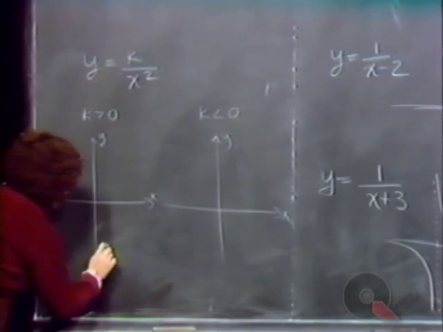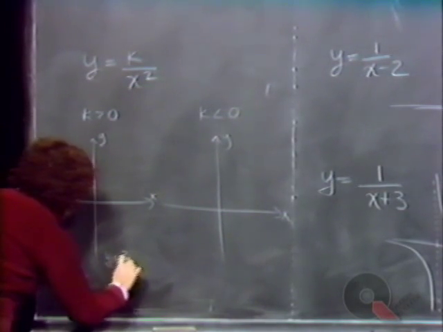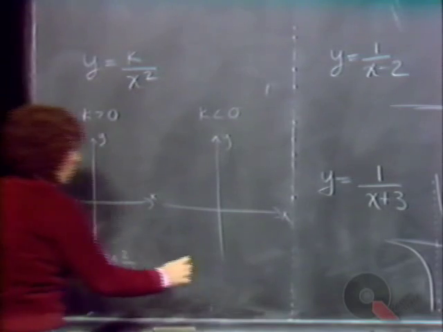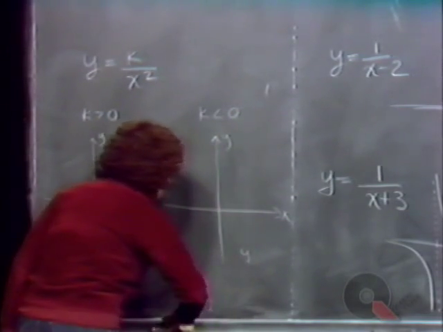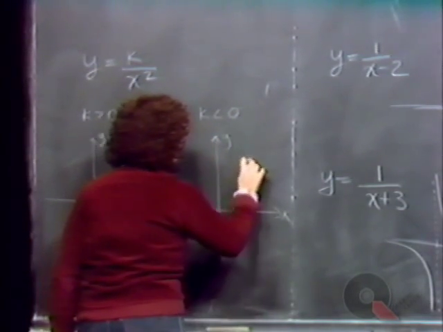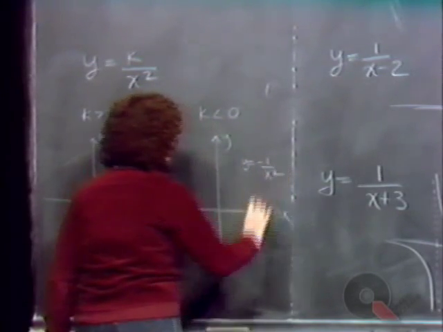For example, we could have y equals 2 over x squared, or y equals minus 1 over x squared.